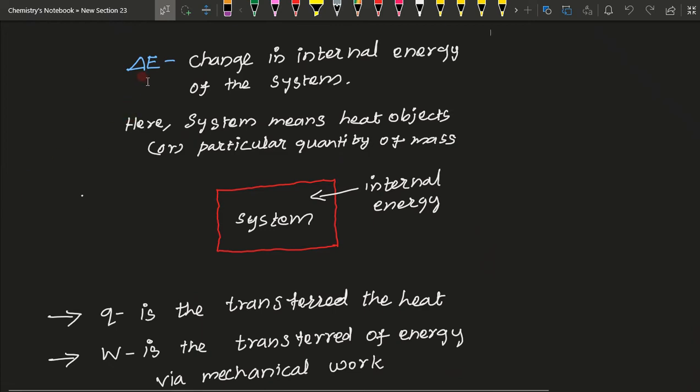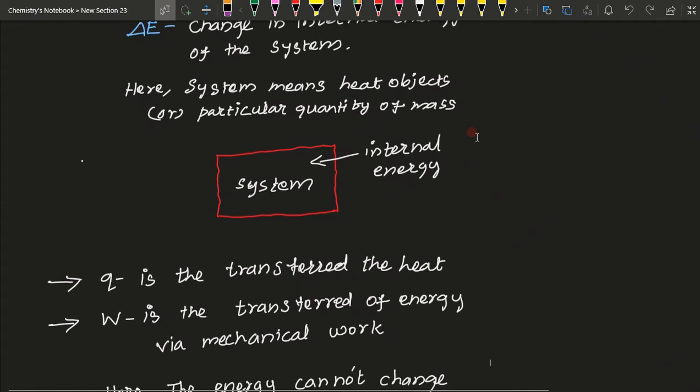Please note, delta E is the change in internal energy of the system, and internal energy is U. The change of the internal energy is delta U. Please don't confuse them with each other.